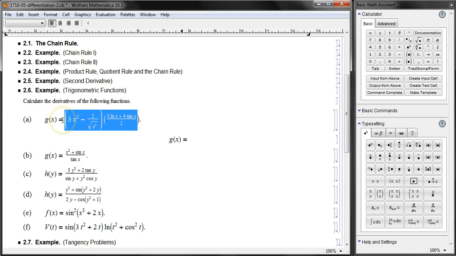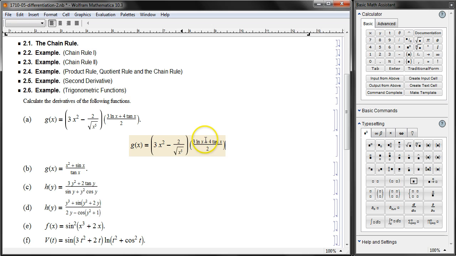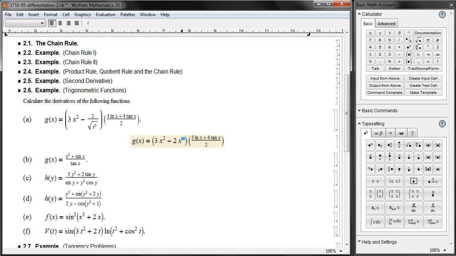We have this product, which includes some power functions and then a log function and a trig function. First, let's make an elementary observation here. What is this 2 over square root? You can rewrite it as 2x to which power? It is negative 5/2 power.